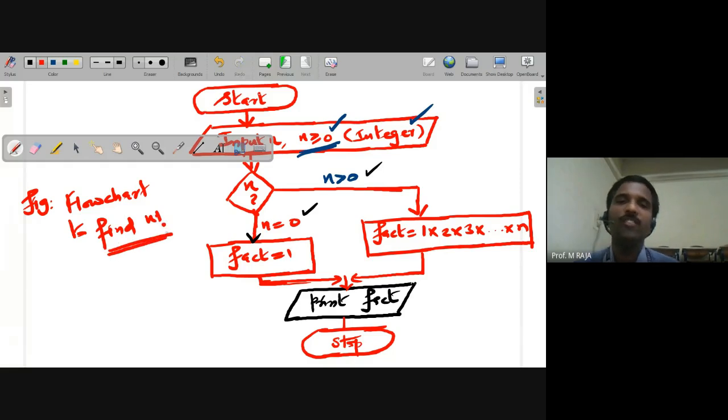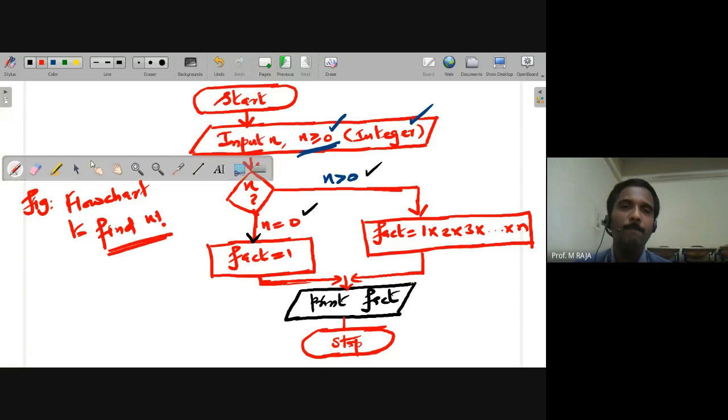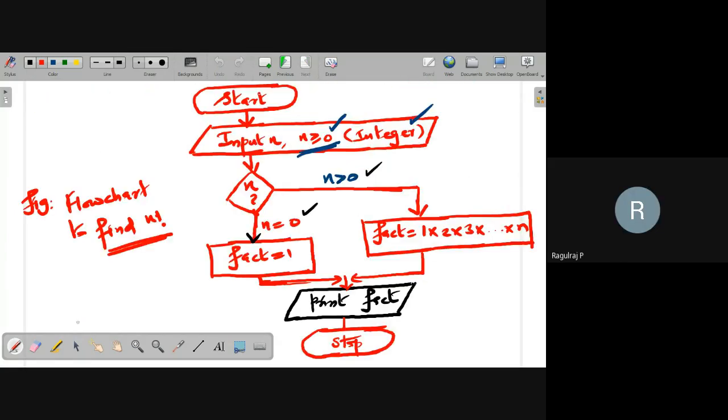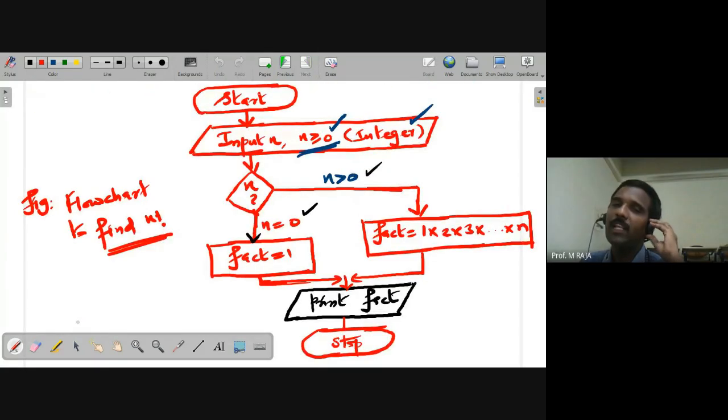Do you have any queries in this example? Do you understand the flowchart construction? Yes, sir. So the algorithm can be easily written. Step 1 start, step 2 input n, greater than or equal to 0 integer, which can be given in comments or brackets.